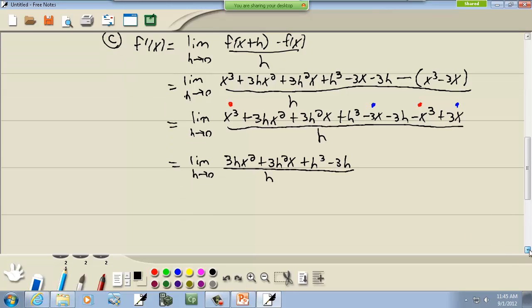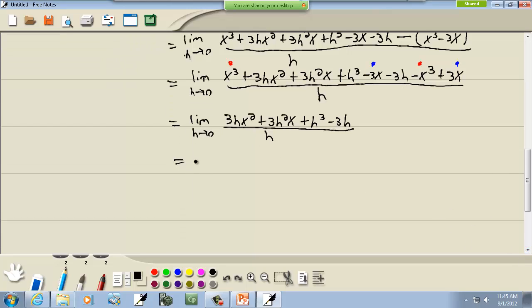Okay, and we saw this technique earlier. Notice all my terms up on top have an h in common, so I'll factor an h out. And that gives us 3x squared plus 3hx plus h squared minus 3. Now up on top we have h times all of that, and down below we have an h, so those h's are going to cancel. You can only do that if it's multiplication up here.